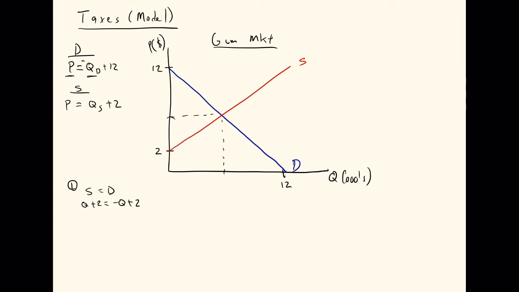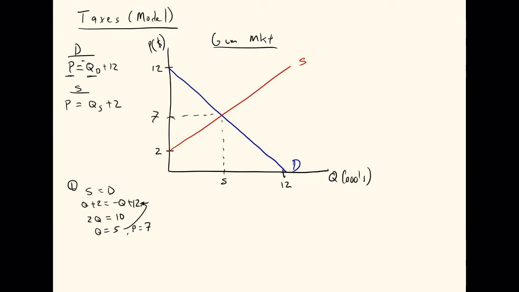Let's bring the Q's on the same side. So we have 2Q equals 10 and Q equals 5. So this Q here is 5. Let's substitute this back in for price, and we'll find that price is equal to 7. So price is equal to 7, Q is equal to 5.